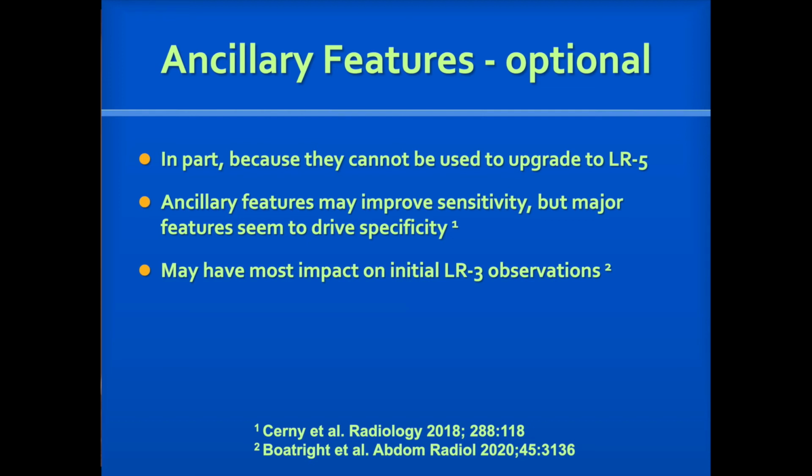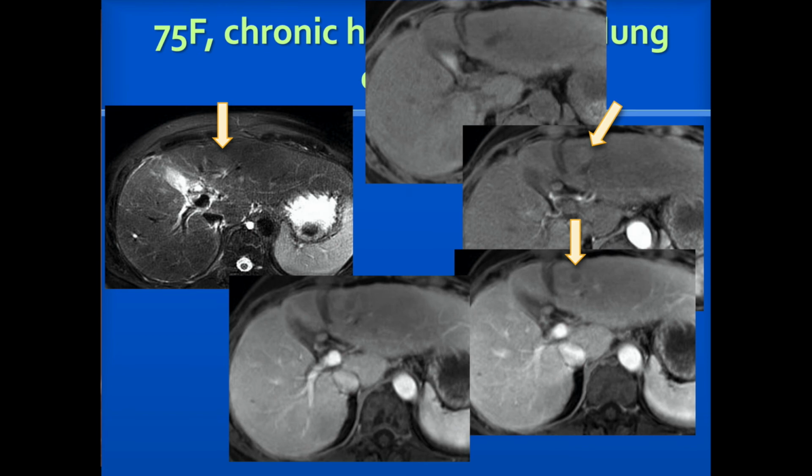Here we have a patient, a 75-year-old with a history of lung cancer that was resected a few years ago. She's disease-free, but she does have chronic hepatitis and cirrhosis and now concerned about HCC. The mass lesion that we see is subtle, really not well visualized on non-contrast T1 weighted imaging, very slightly hyperintense on T2.